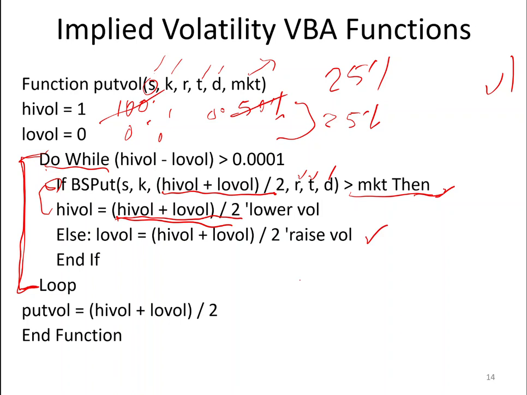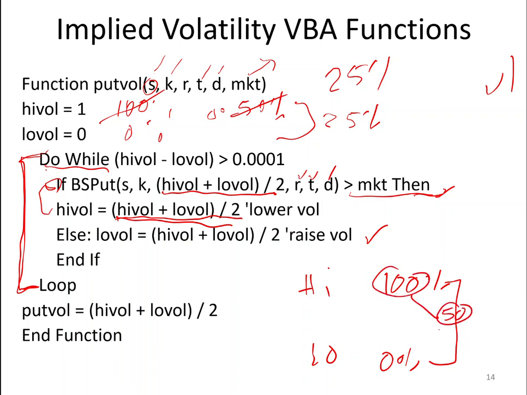So here's what it's doing. It's setting the high vol and the low vol to 100% and 0%. It's using the BS put function to figure out that when valuing the option using this, if it's too high, it's going to reset high vol to a lower value, 50. And if it's too high again, it's going to reset it to 25. And if that's too low, then it's going to raise this one to the average of 25 and 0, or 12.5.